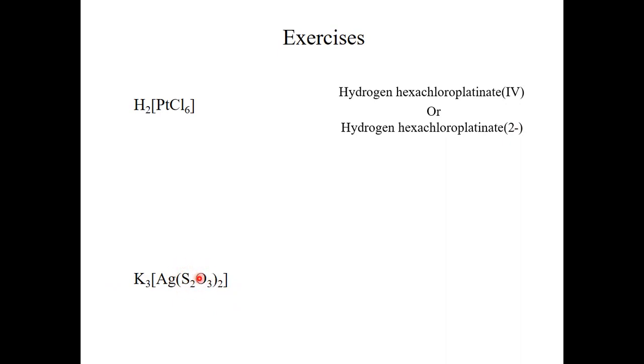Is that disulfite? Yeah, so this is thiosulfate. And as a ligand, it would be then called thiosulfato, of which we have 2. Okay, so now can anybody tell the entire name of the compound?